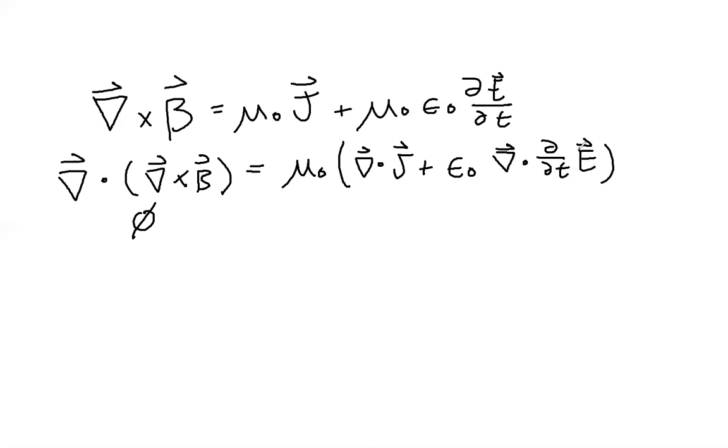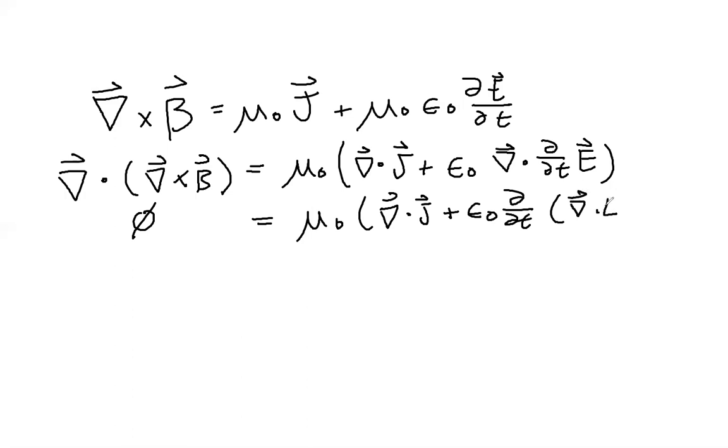Important thing, time derivatives and spatial derivatives commute, so we can rewrite this. Mu naught del dot J plus epsilon naught d/dt del dot E.